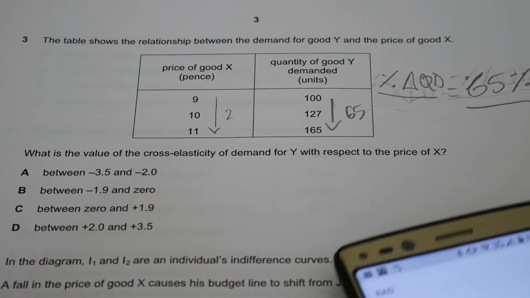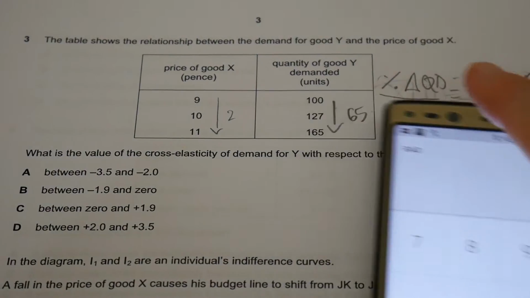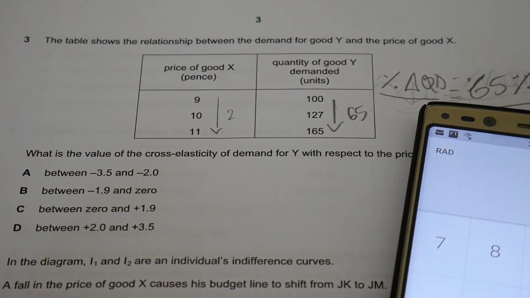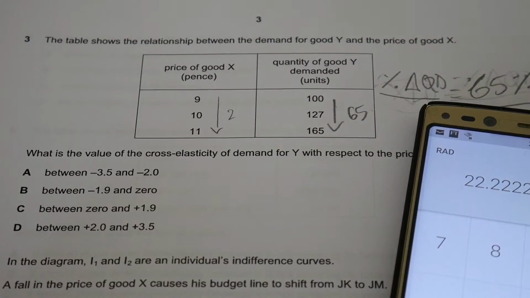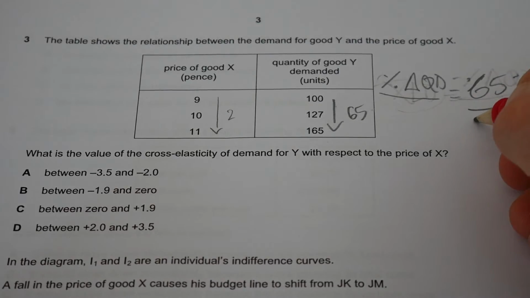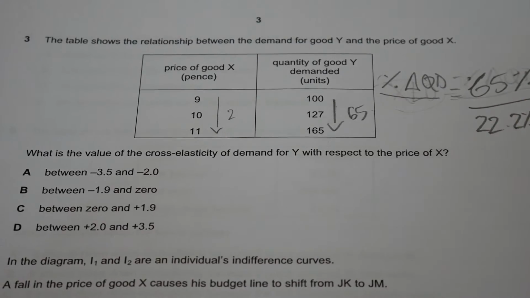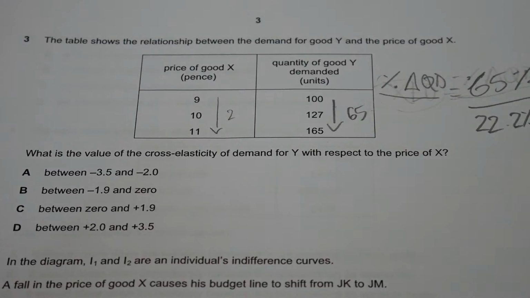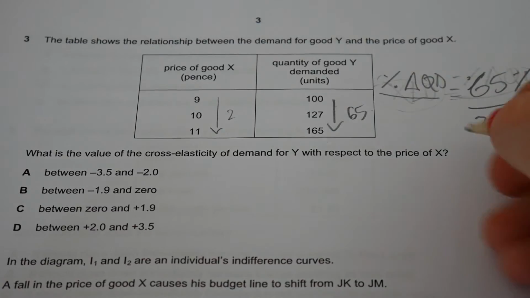Let's put that in on the calculator: change divided by the original times 100 equals 22.2% recurring. So from this we can put in 65 divided by 22.2 recurring, which is 2.92.